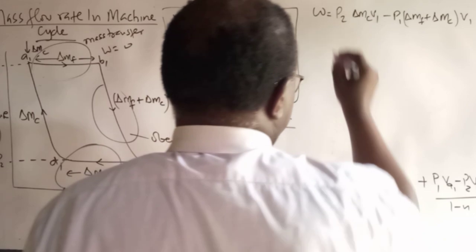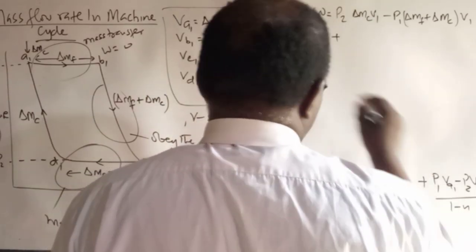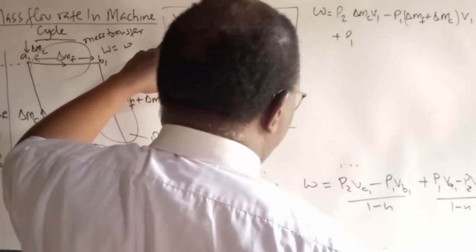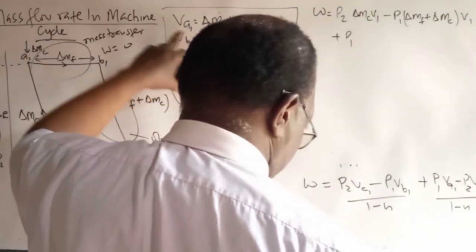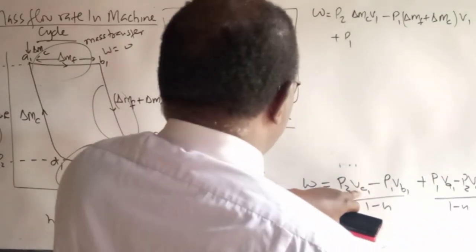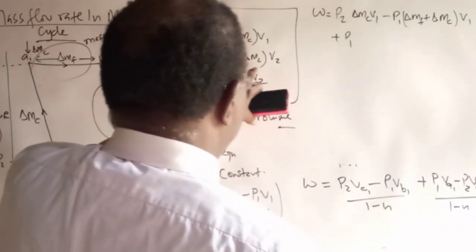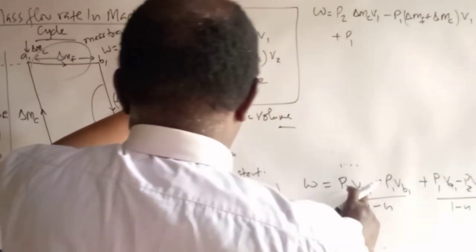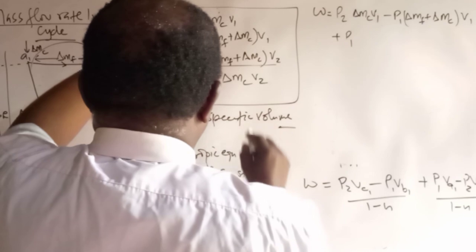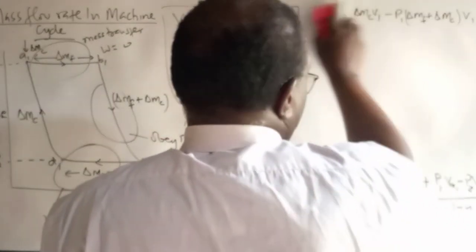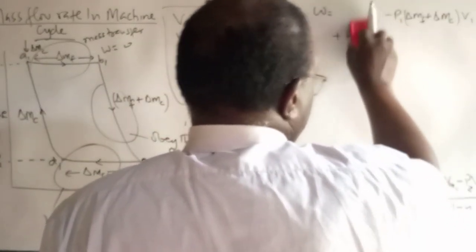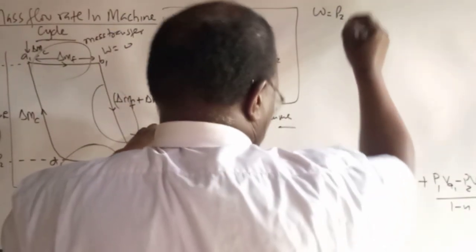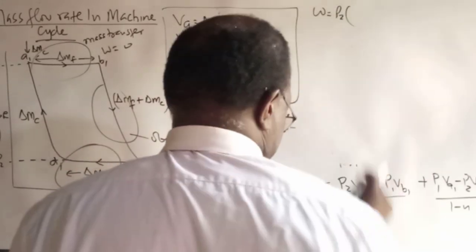Then we have plus P1 VA1. This is VC1. So we have left the VC1. We have P2 VC1, or we've not put the correct one. We put for VA1. So that is VC1. So let's just write it down properly again. You have P2 for VC1. I've read it as VA1.